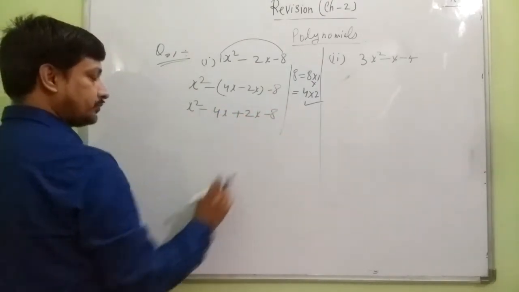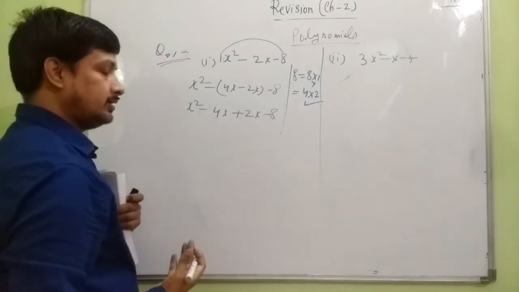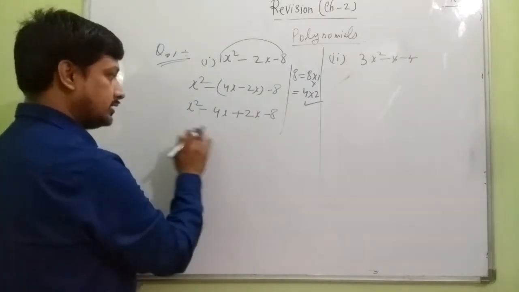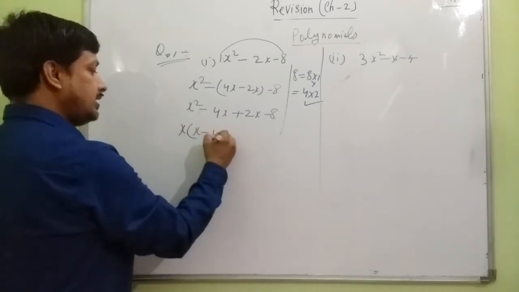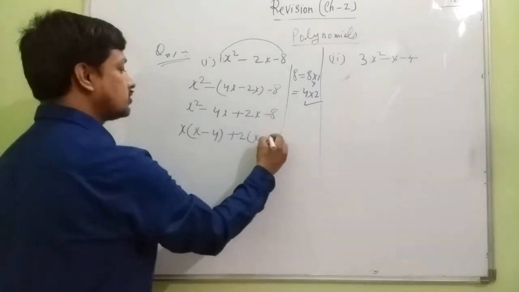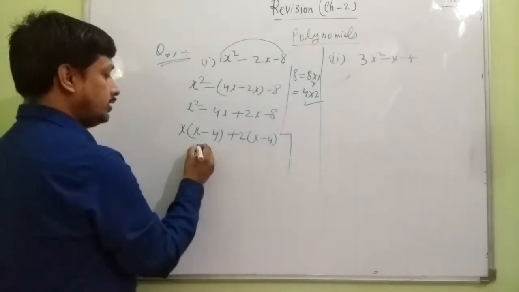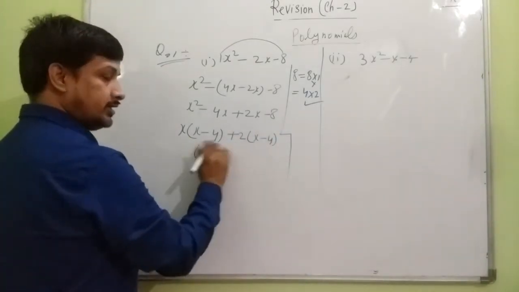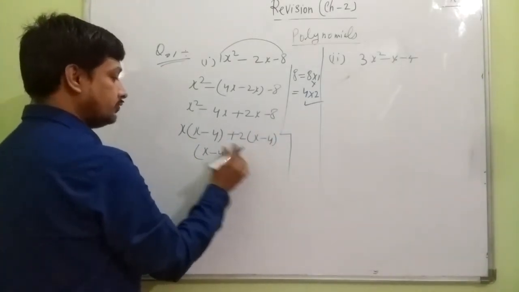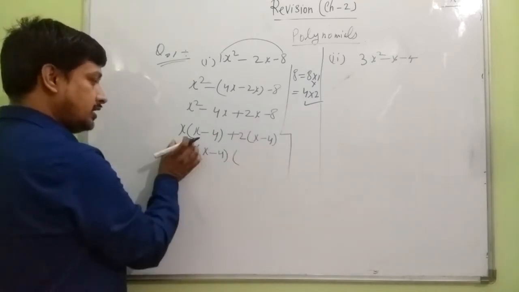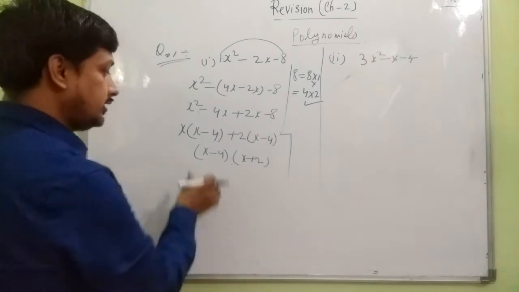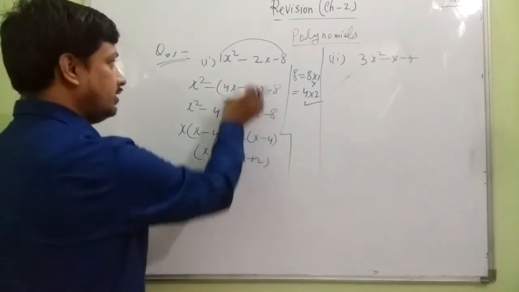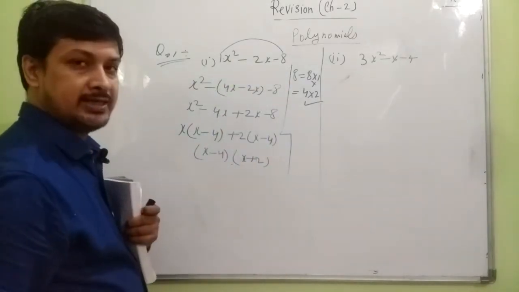Now we have four terms. We can take x as common here, and here we can take 2 as common, to give x minus 4. So x minus 4 is common in both terms, so we take x minus 4 outside. We are left with x plus 2 within the other bracket. So these are the two factors of x square minus 2x minus 8.